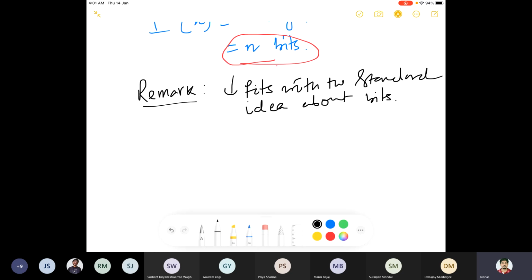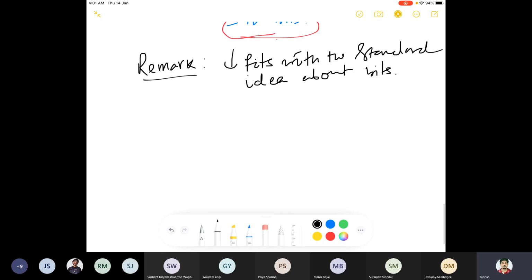Now, since we are living in a joint space, the XY space, a joint random variable, we can also consider something new that we are introducing: conditional self-information.